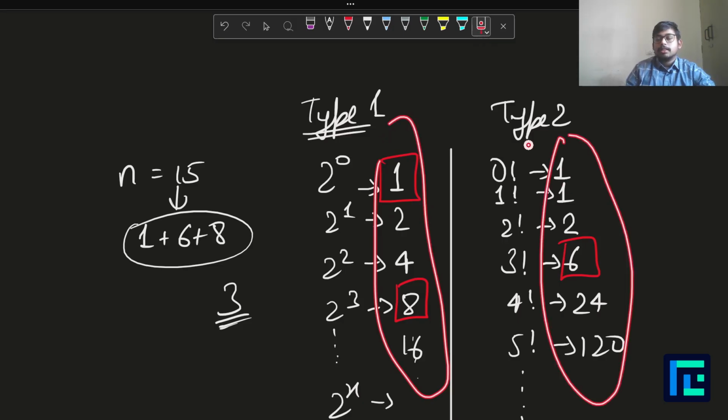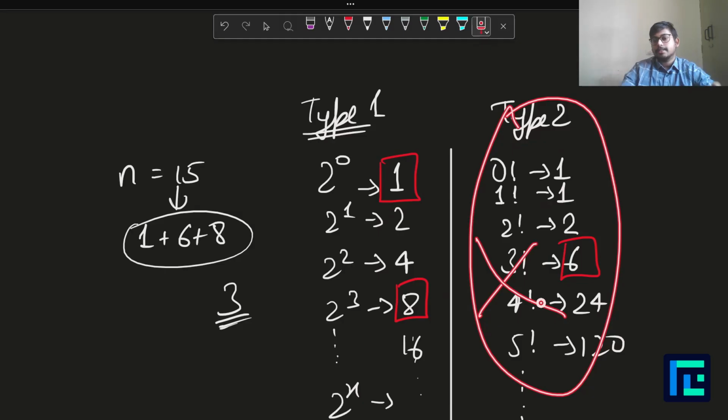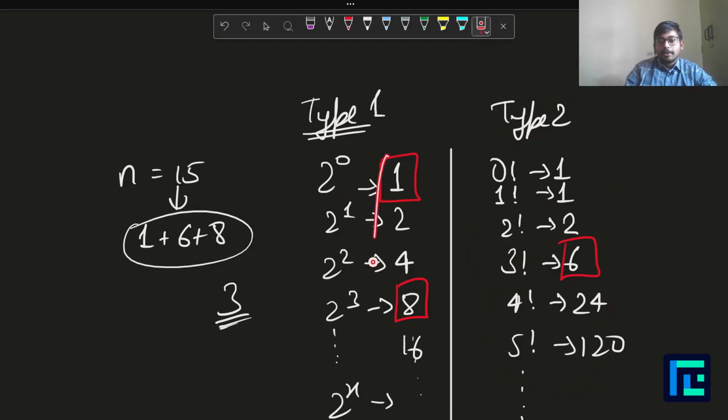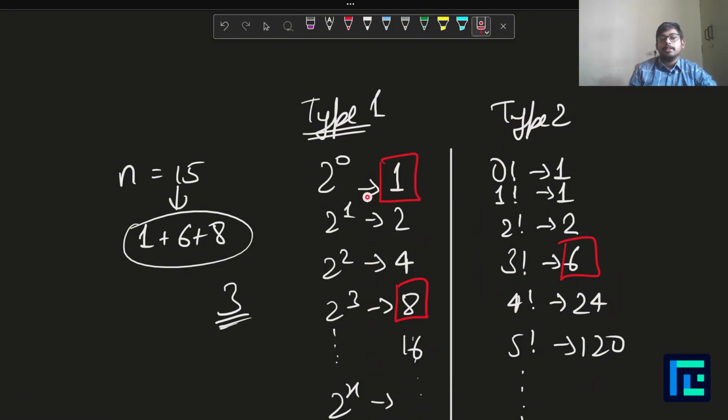Now just imagine for once this type 2 doesn't exist. We only have these numbers which are called powerful numbers. Then what would your answer be?